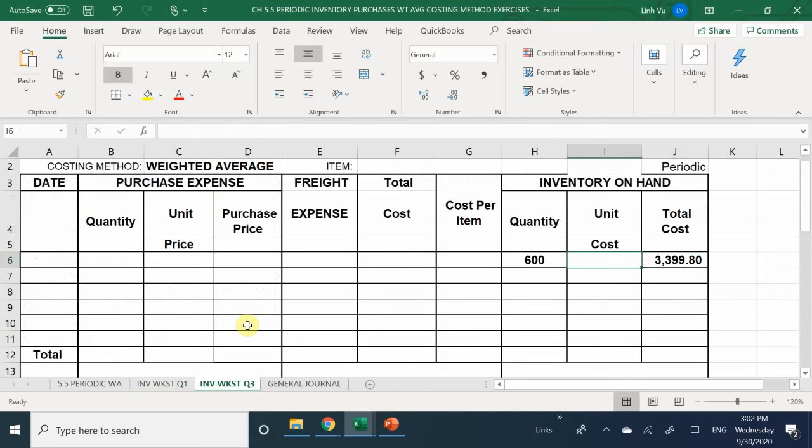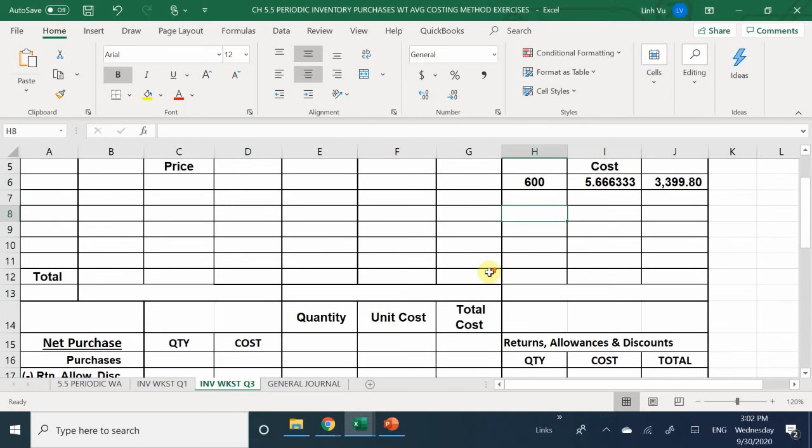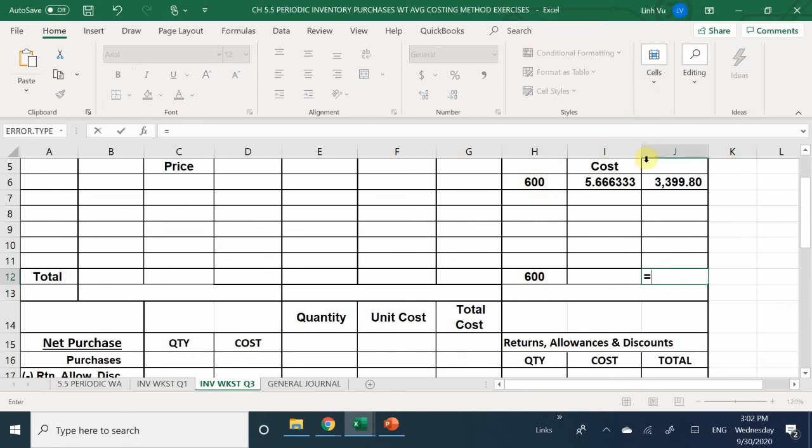All right, I'm going to give myself the calculation again for how much each cost per item is going to be. There you go. And I'm also going to add up the sum total at the bottom, just so I know what I'm taking out of. In this case, it doesn't even matter.